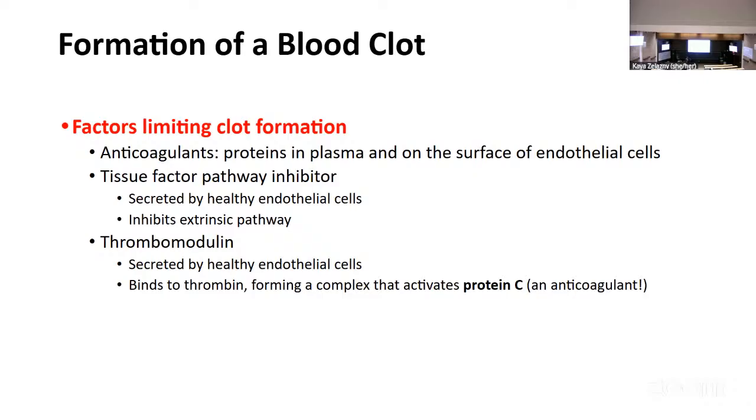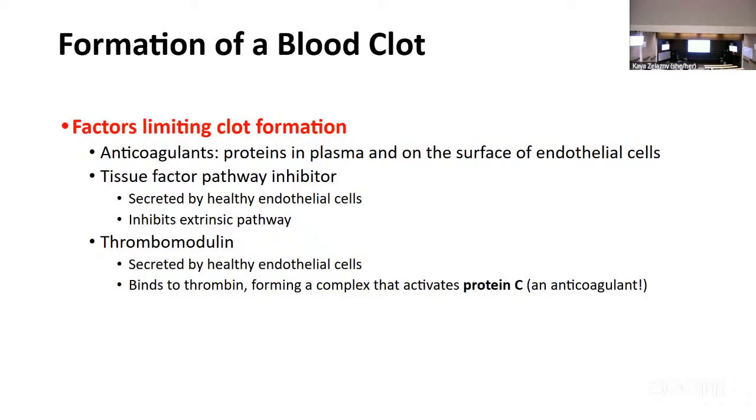So you have proteins in your plasma that act as anticoagulants, and you have things on the surface of the endothelial cells, the healthy ones, that also act as anticoagulants. Kind of just the same as when we were looking at the platelet plug inhibition by the nitric oxide and the prostacyclin. Okay. So among these, we have a tissue factor pathway inhibitor.